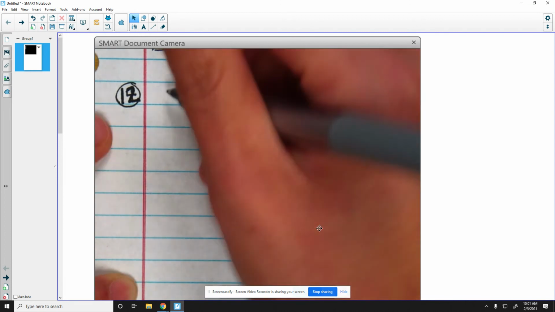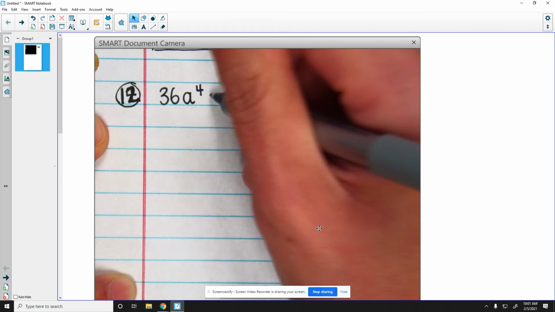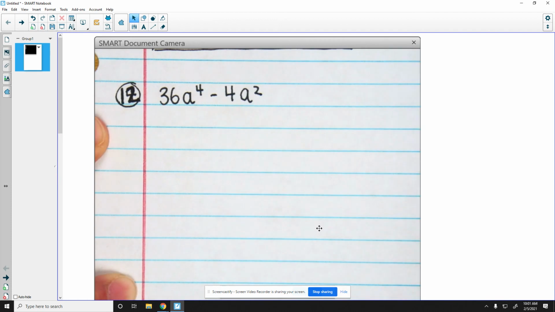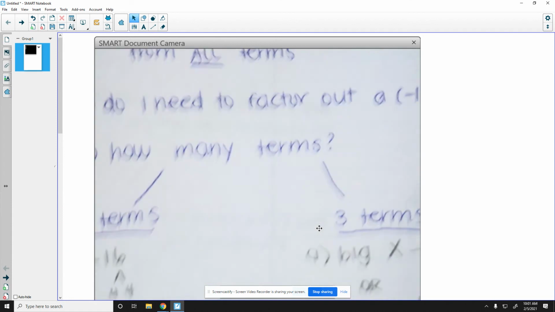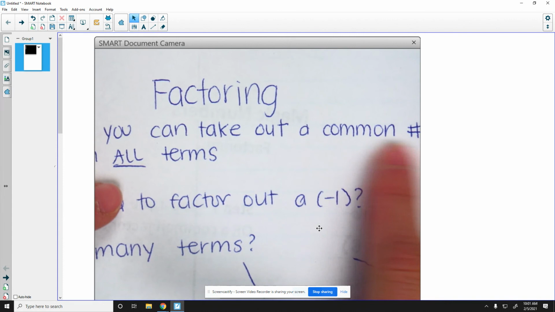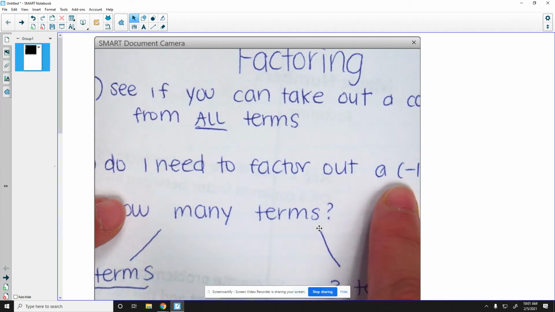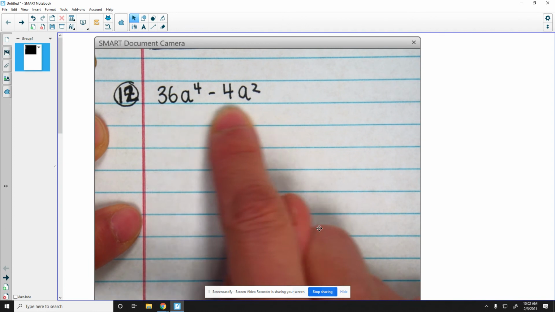Okay, for number 12, 36a to the 4th minus 4a squared. Oh, only 2 terms. That's okay. Let's look back here. So remember, what do I always start with? See if you can take out a common GCF. See if you can factor out a negative. So, can I do a GCF?